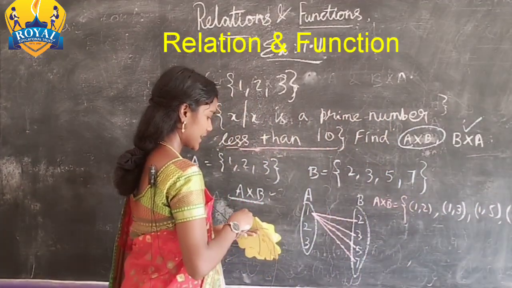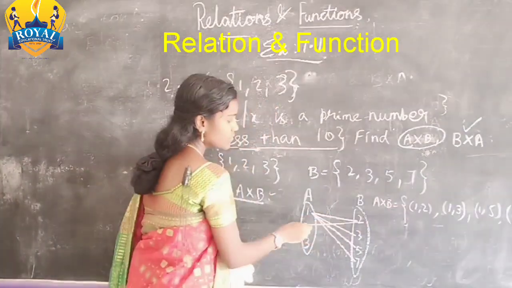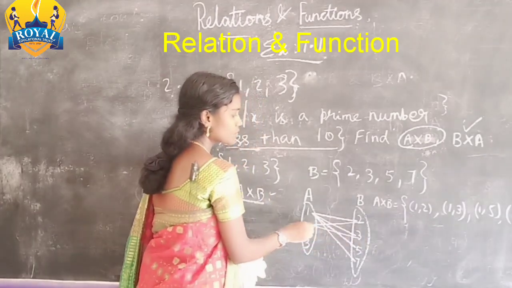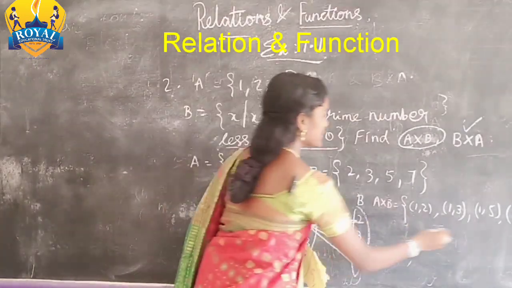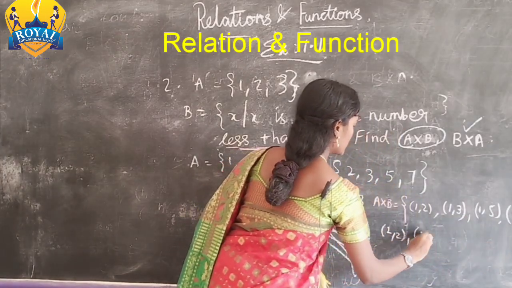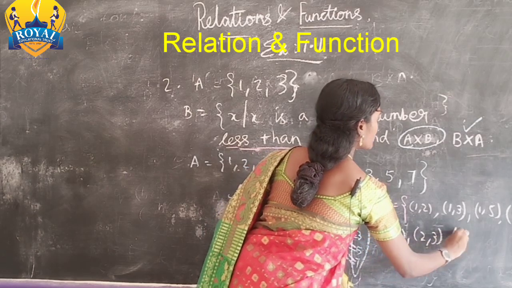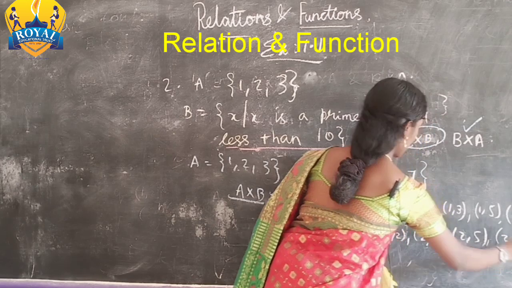Then the second pair, I will match: (2, 2), (2, 3), (2, 5), (2, 7).